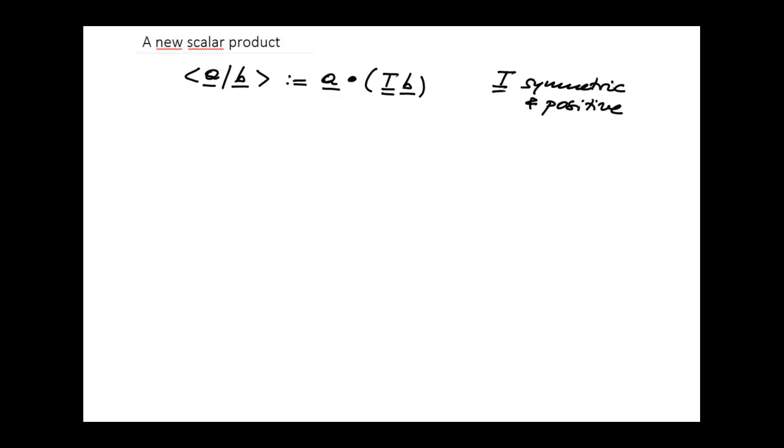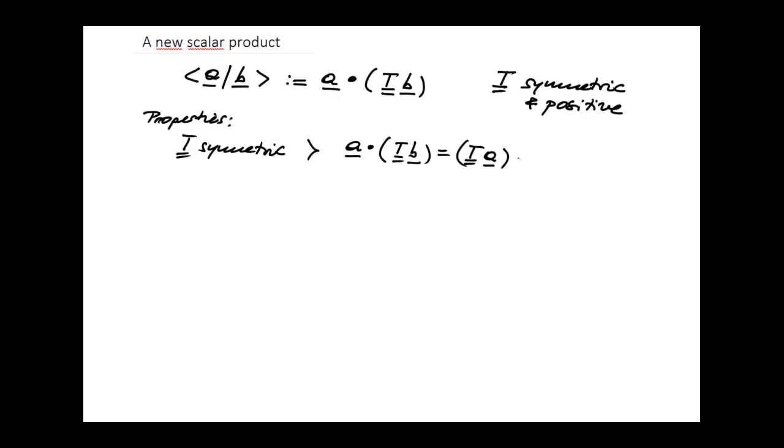Now, the fact that T is symmetric immediately implies that the ordinary scalar product of A with TB equals the ordinary scalar product of TA with B, so I can take the matrix T to the other side. And the ordinary scalar product is symmetric, so this is also the same as B ordinary scalar product with TA.